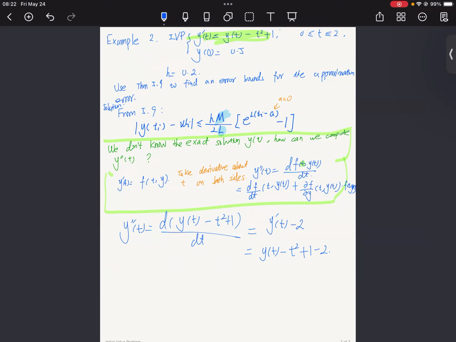Yes, so y'(t) equals y(t) minus t squared plus 1. I mean, the one above that. Yeah. Maybe 2t instead of 2. You said this is y'(t) minus 2t. Oh, 2t, yeah, 2t.